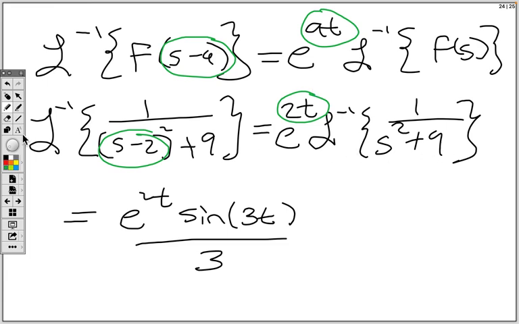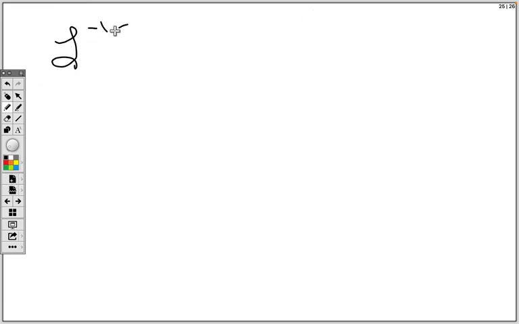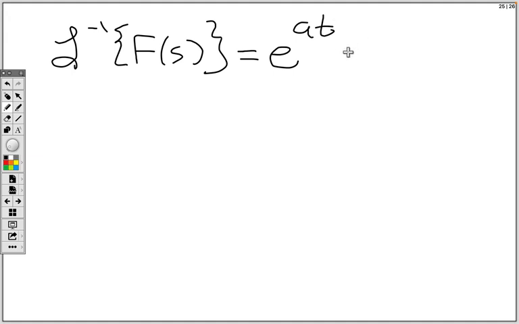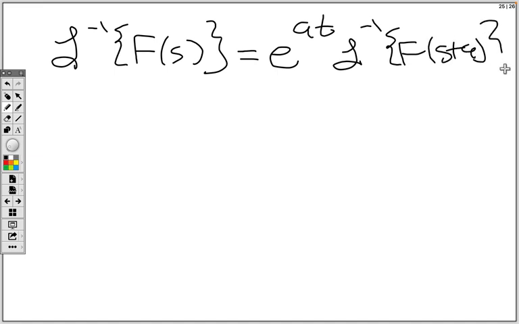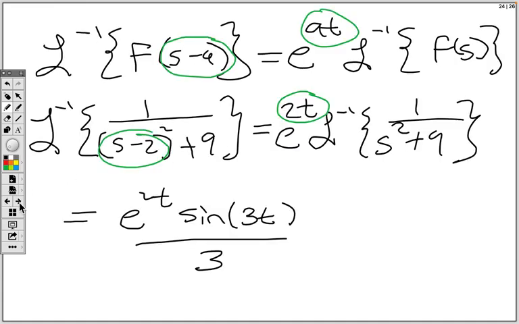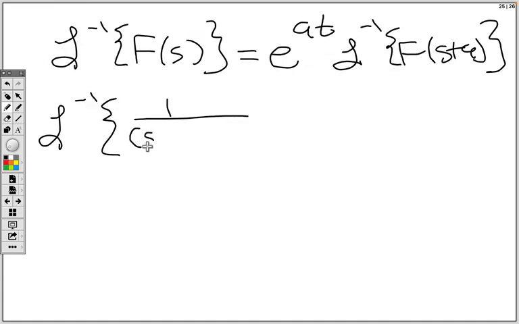Now the other way to handle the shift is to use the shift property this way. Here's how we could look at what we have here and apply this formula. It comes down to personal preference.